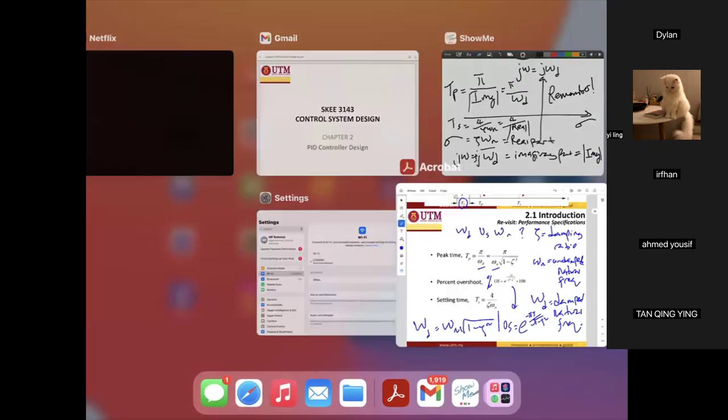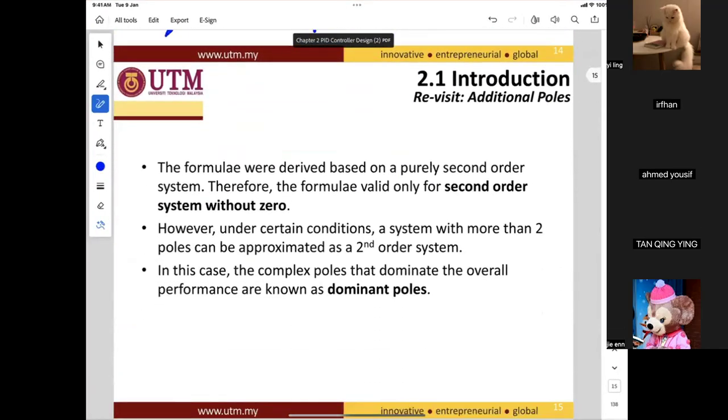Okay, we move to the next one, which is revisiting the additional pole. The formulas are derived based on a purely second order system. Therefore, the formulas are valid only for a second order system without zeros. However, under certain conditions, a system with more than two poles can be approximated as a second order system. Let's say a third order system: we can approximate it as a second order system when the third pole is far away from the imaginary axis.